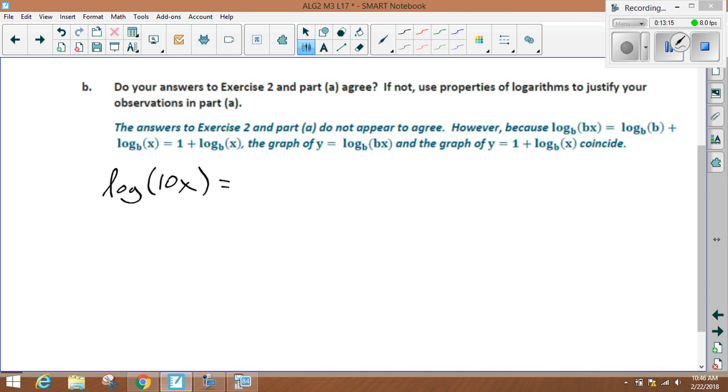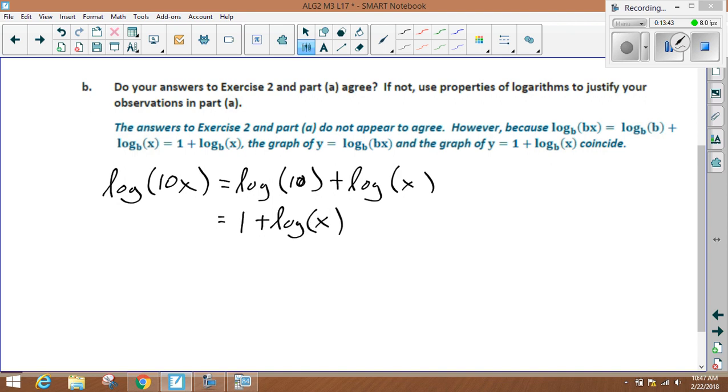Can't I write that as log base 10 of 10 plus log base 10 of x? And what is log base 10 of 10? 1, right? Doesn't it make sense that that would be a vertical translation, right?